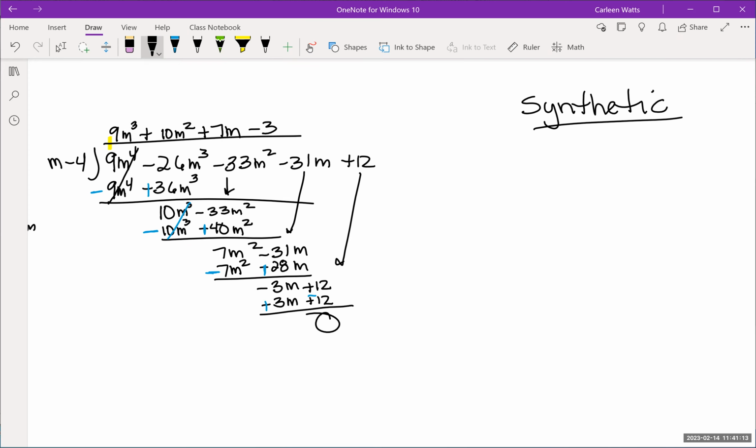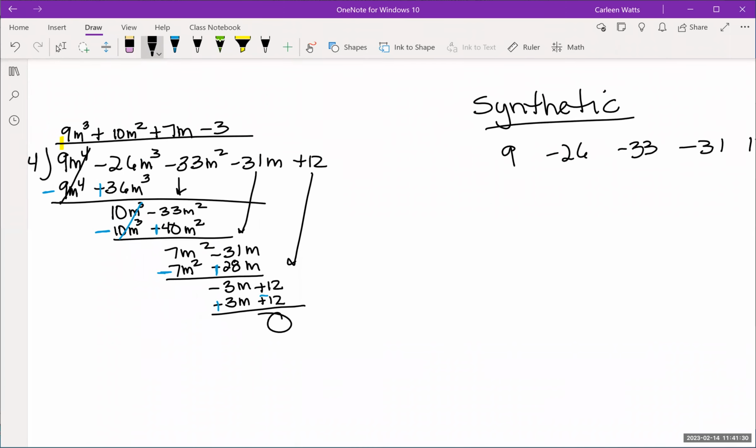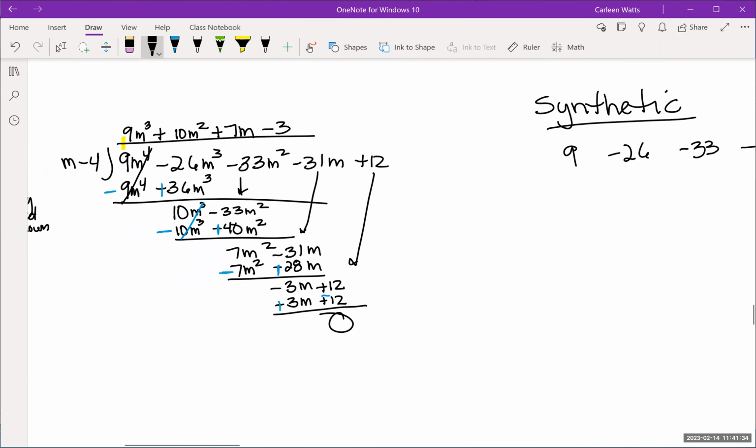So this is what you do. Take the coefficients. You don't have to write this down because we're going to do a synthetic one in just a minute. Okay, take the factor of m minus 4, change it to a zero of positive 4. Basically, you're changing the sign.